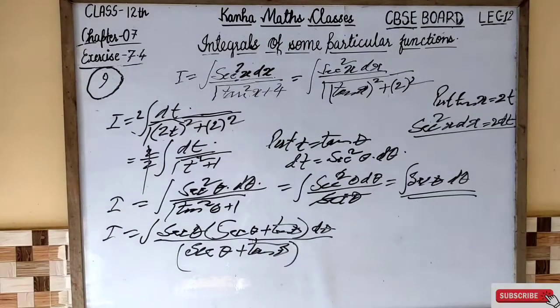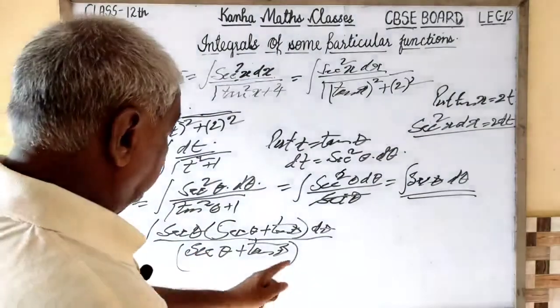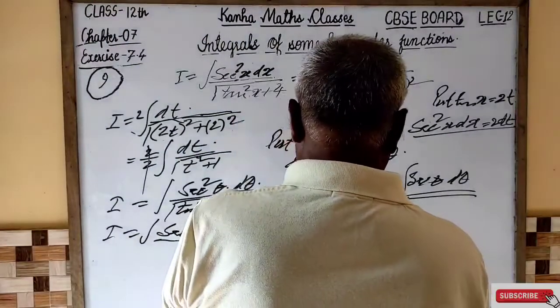Now again, for the simplest derivation, we will substitute sec theta plus tan theta is equal to u.